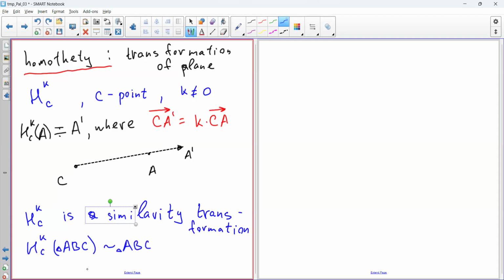If we consider the images of the points A prime, B prime, C prime, then triangle A prime B prime C prime is always similar to ABC with coefficient of similarity K.